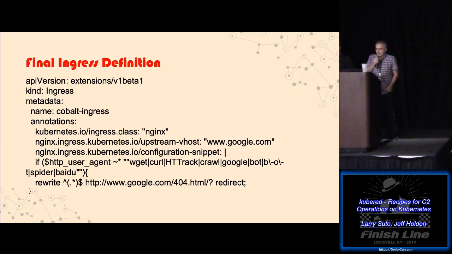Yeah, then this would be the final definition. This is an Ingress definition, which does a match on a regular expression on the user agent. So you parse out what's important to you in the user agent, and if that doesn't match, then you basically redirect them to google.com 404.